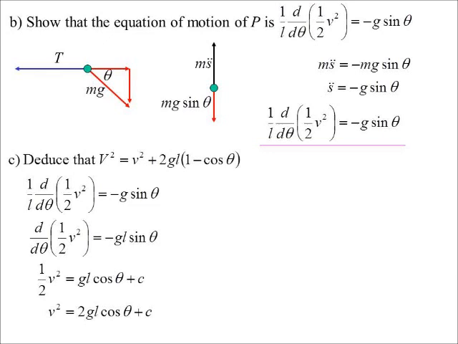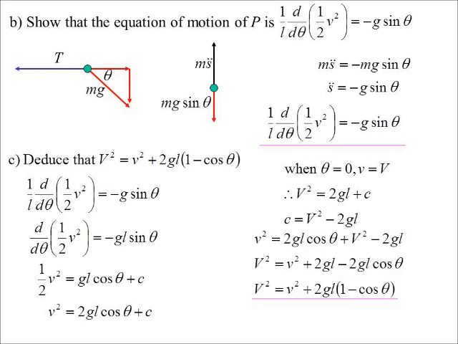I've actually done it as an indefinite integral for some reason, but anyway, it doesn't matter. Let's find those constants. So when theta was equal to 0, velocity was capital V. So subbing in, the constant turns out to be V squared minus 2gl. Subbing back in, and the result just drops out nicely.